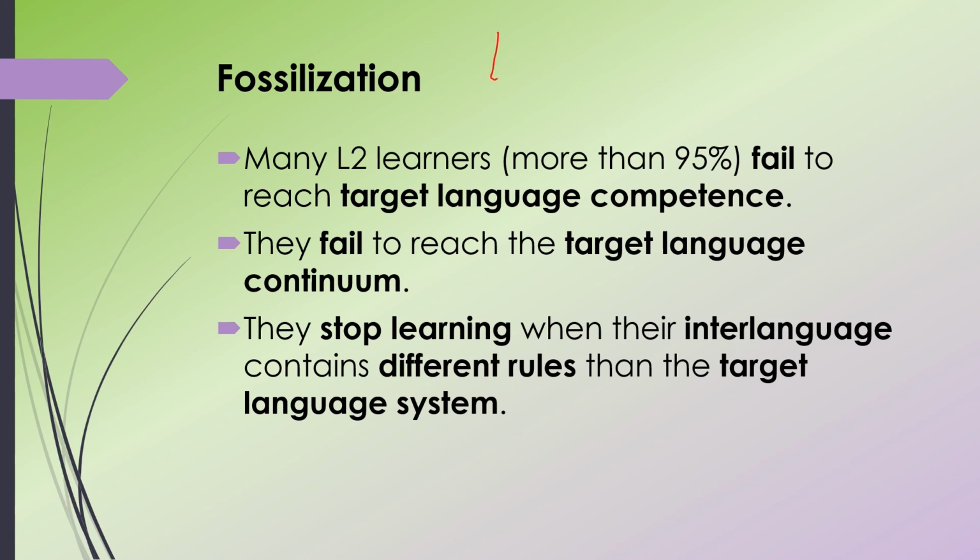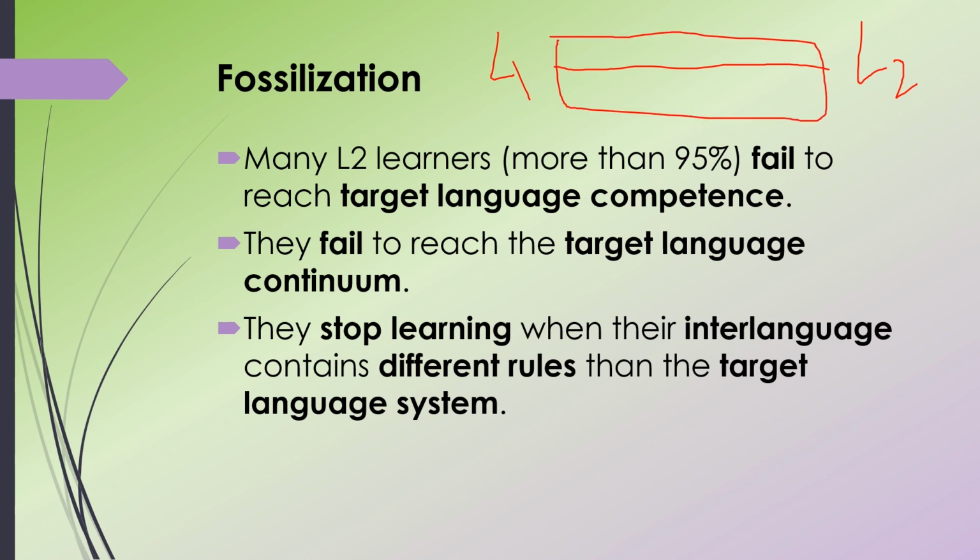You are in here L1 and you want to reach L2. In the meantime, you need to pass these stages, and these stages can be referred to as interlanguage. So more than 95% people fail to reach here.